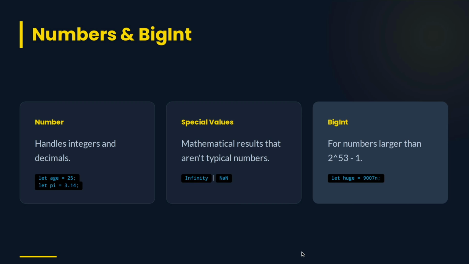For example, certain scientific calculations, financial systems, cryptographic applications, or systems dealing with extremely large identifiers. That's where BigInt becomes useful. So the simple way to remember it is number is for normal numerical values, while BigInt is designed for extremely large integers.